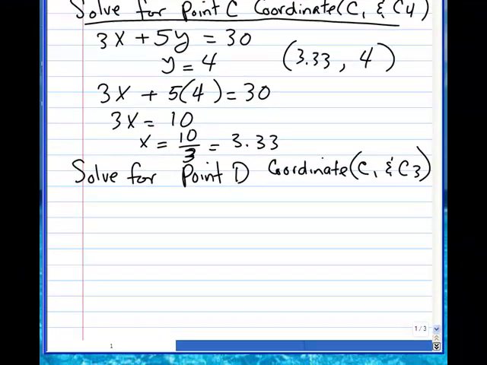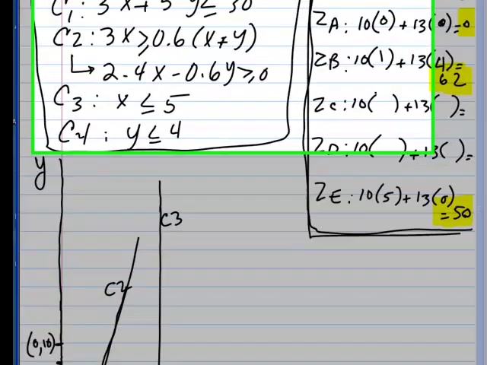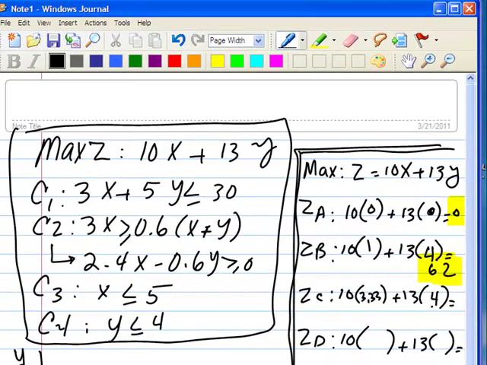So we found point C to be 3.33, and then y being 4. If you plug that in, at point C, the z value is 85.3.